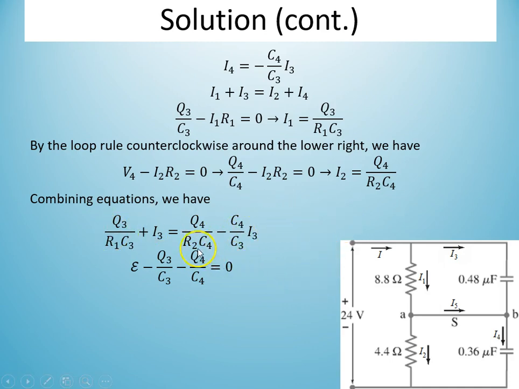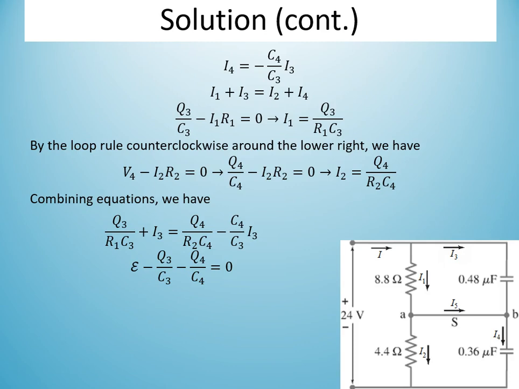Now remember that equation that we differentiated with respect to time? Well, that equation itself is also useful because that's where those charges are. We can plug in for those charges and get rid of them. So when we do that, this is our result.